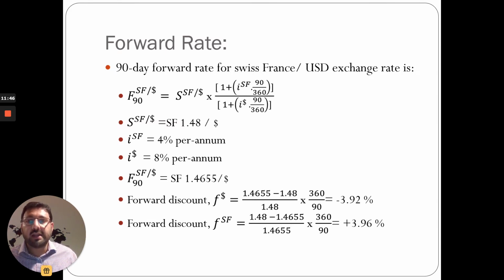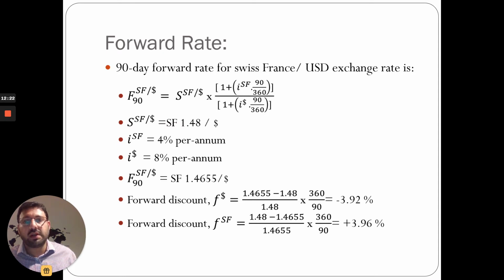So the 90-day forward rate for the Swiss franc versus the US dollar exchange rate is equal to the spot rate of the franc versus the US dollar multiplied by 1 plus the interest rate on the bond issued in Switzerland, multiplied by 90 divided by 360, where interest rates are usually given on a per annum basis.